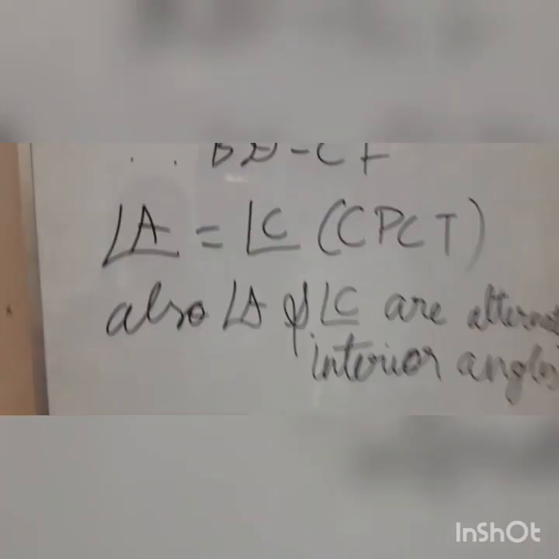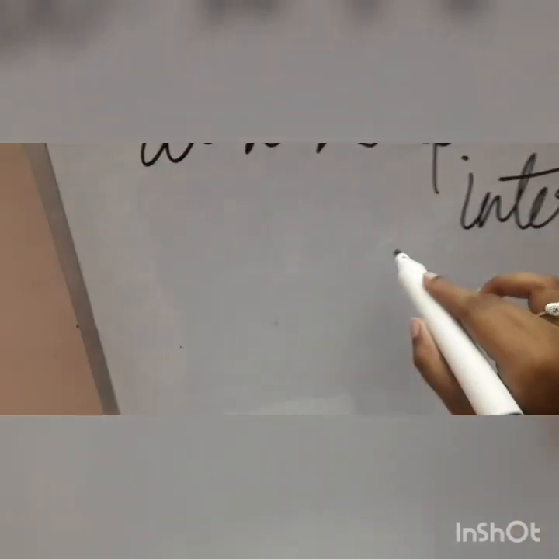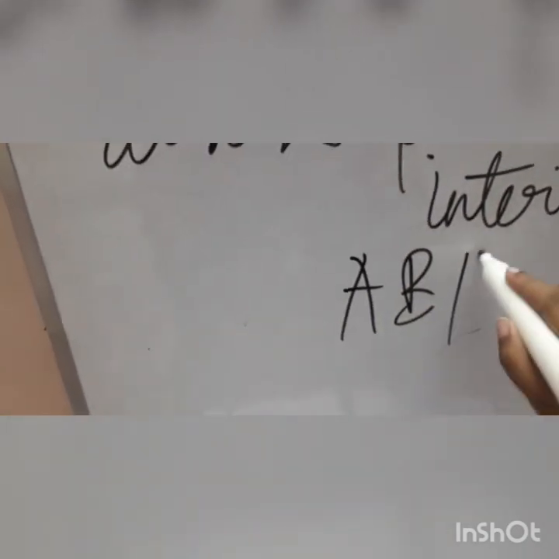Okay, angle C and A are alternate interior angles. So by this we can say that AB is parallel to CF, and DB is parallel to CF.